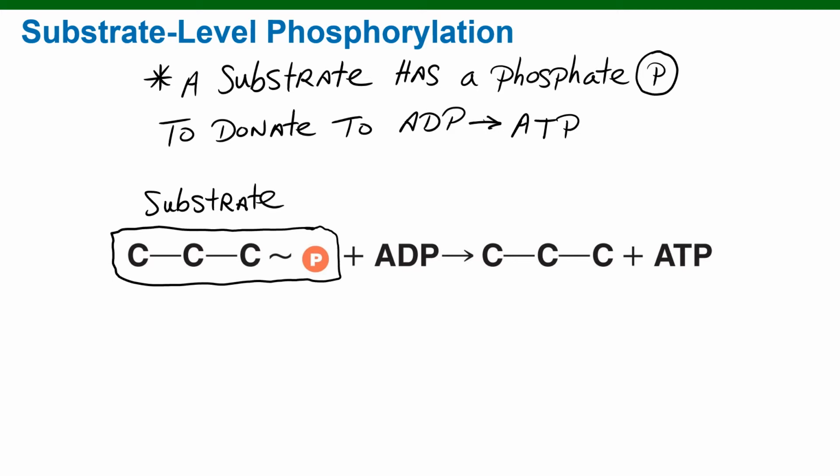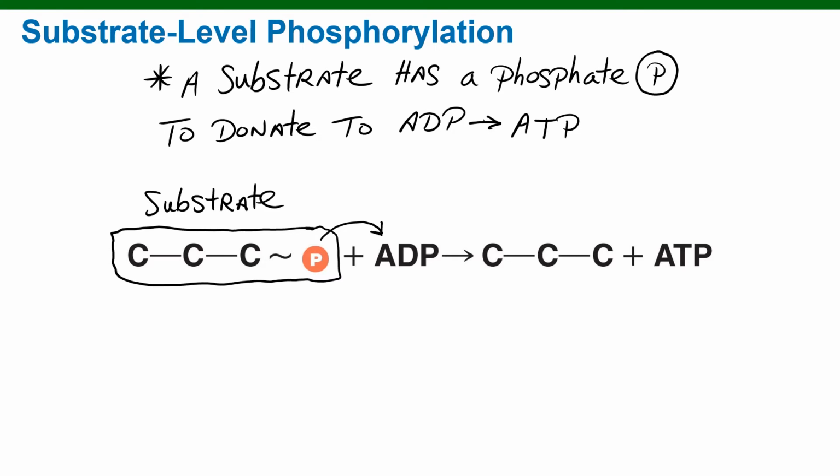And this phosphate-containing substrate will allow the phosphate to leave and travel over to ADP to make ATP.